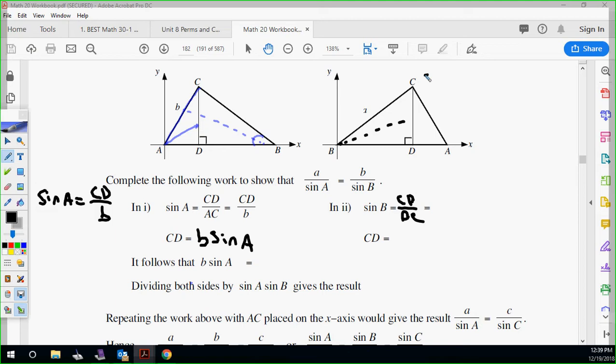In this picture, BC comes from A. So CD over A. So sine B equals CD over A, so CD equals A sine B.